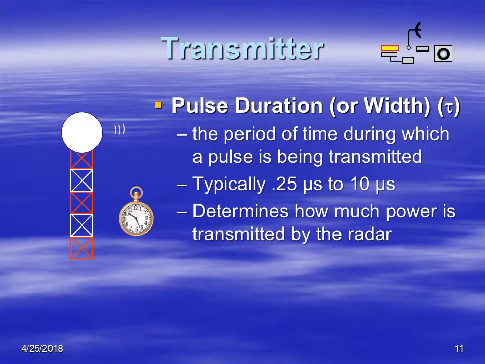Other characteristics of the transmitter: the pulse duration or width, and they use the Greek letter tau to represent pulse duration. The pulse duration is basically the time that the transmitter is turned on, typically about 0.25 microseconds to 10 microseconds. And this determines, of course, how much power is transmitted by the radar.